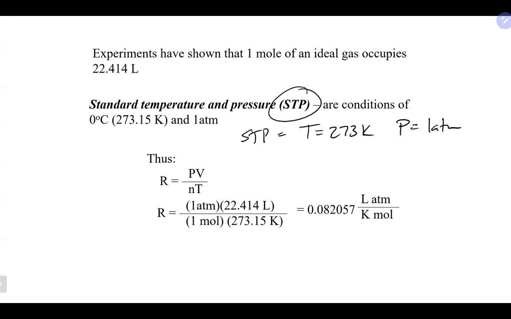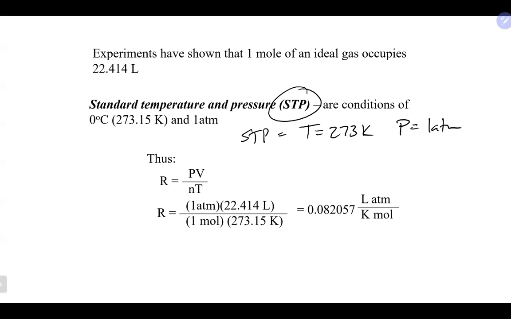So when you're given something that says, what is the volume at STP, those are the values of temperature and pressure that you could use in the calculation. If it is not 273, it is not 1 atmosphere, then it is not STP. So those would not be the conditions.